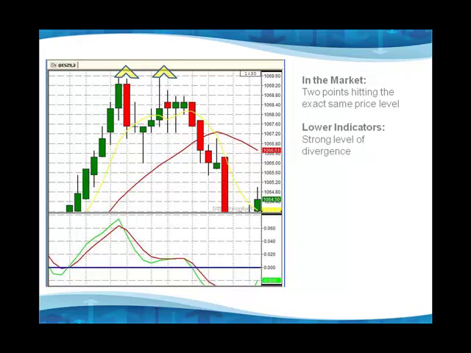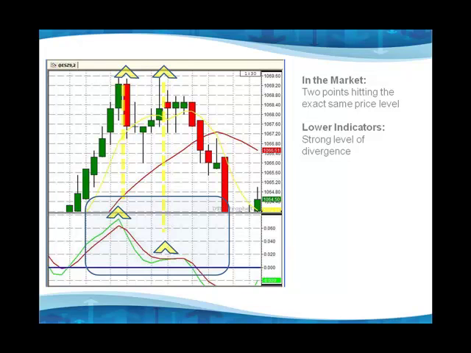Now we are going to turn our attention to what the lower indicators are doing. The lower indicators in this example are creating a strong level of divergence. What's that? Well, it's showing a negative slope when you align the 2 points going directly below. And it's creating quite a strong negative slope compared to a 0 slope above in the pattern in the market.